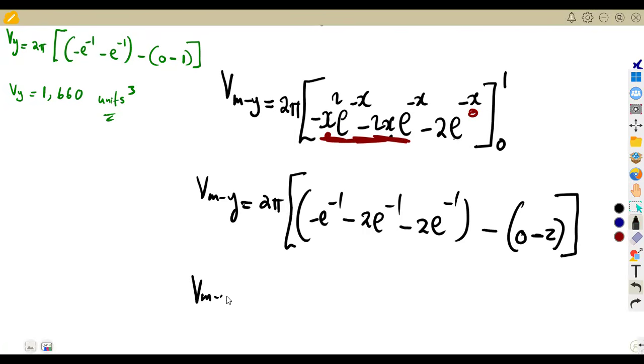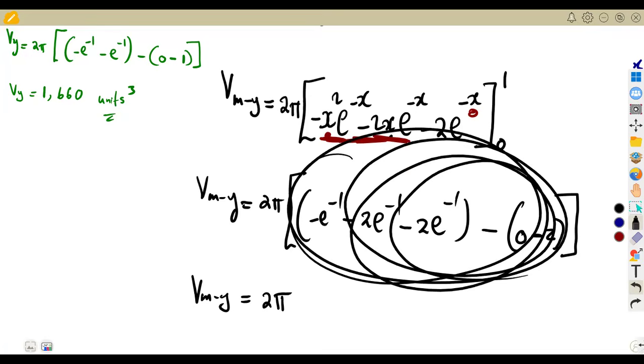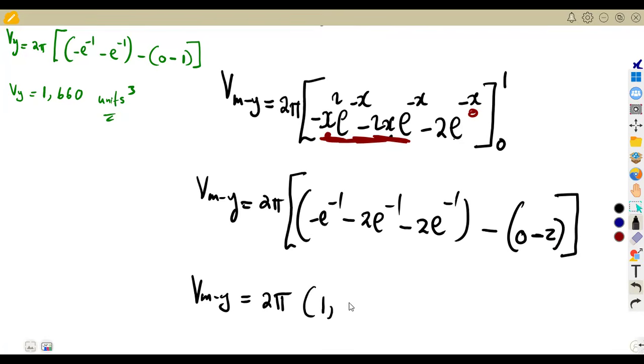Just to show that we are moving on together, I want us to simplify each and every part properly. We're going to have 2 pi. If we expand this whole bracket combined together, you're going to get something like 0,1606.